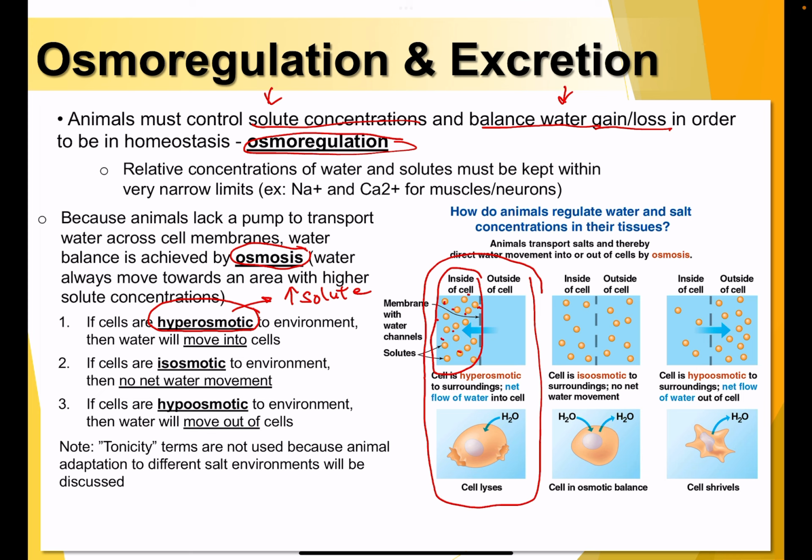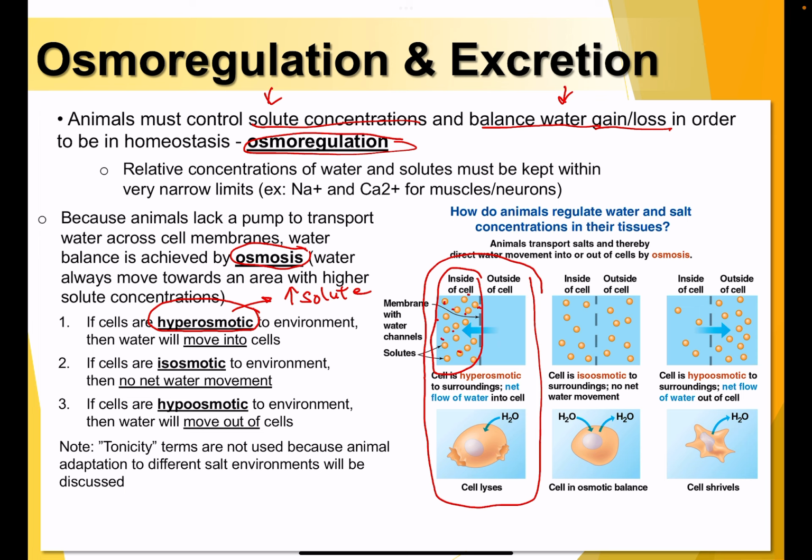We're talking about animal species, or the whole organism. What will happen to them? Most likely they will die if you put an animal in hypoosmotic environments, because there are not enough solutes in the environment. Water comes rushing into them, and the animal will die from their cells being lysed.